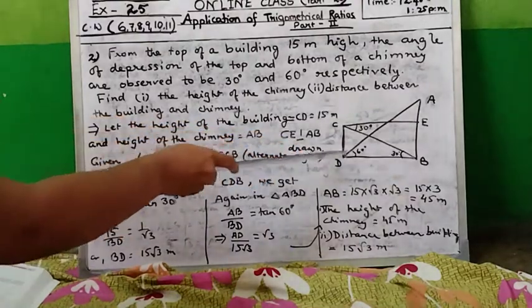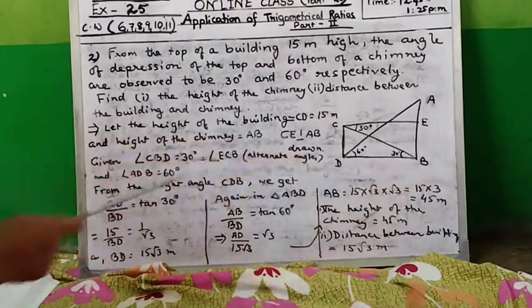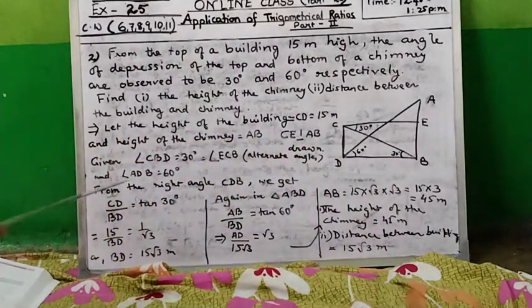CD. In this triangle, CD is the perpendicular, base is BD. So CD by BD is equal to tan 30. CD we know is 15 meters, by BD is equal to 1 by root 3. So what is BD? This will be cross multiplied, and BD will go over here. So BD is equal to 15 root 3 meter.